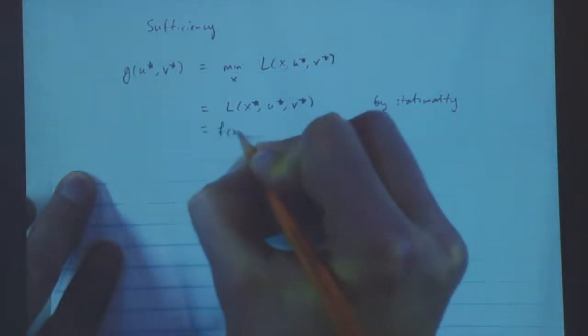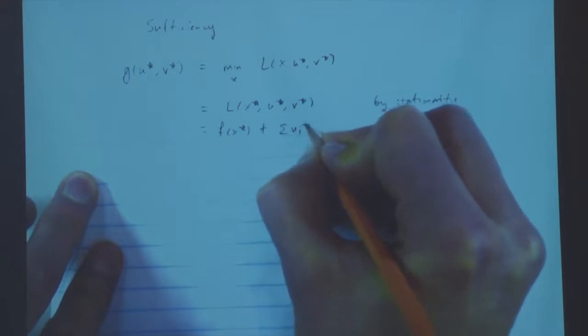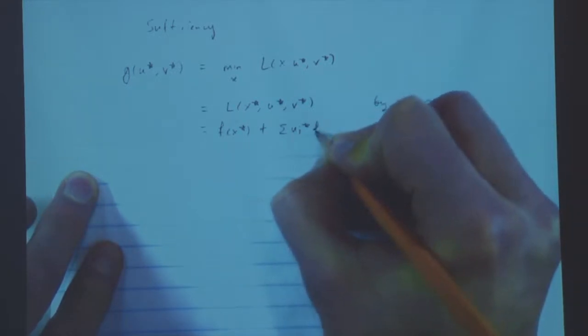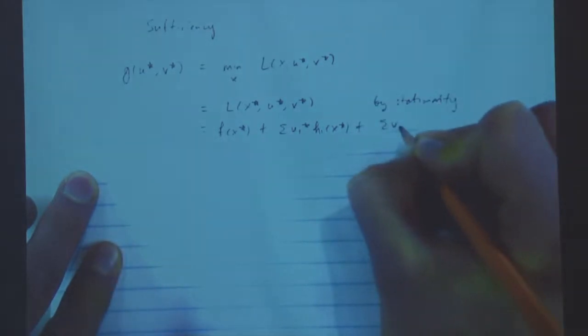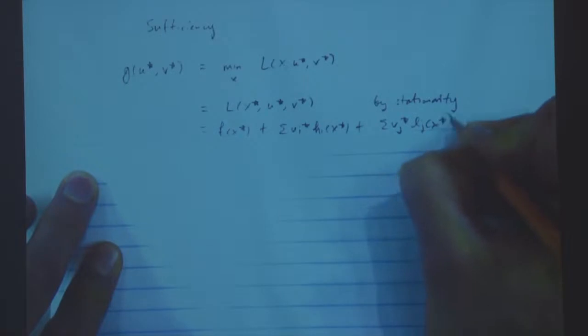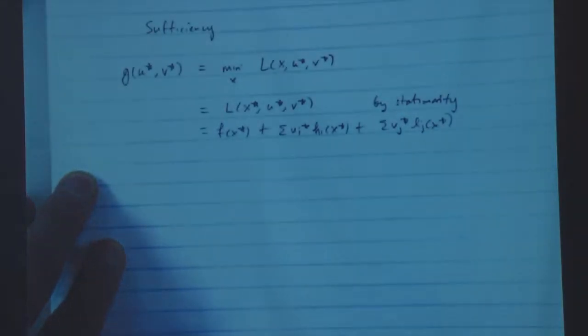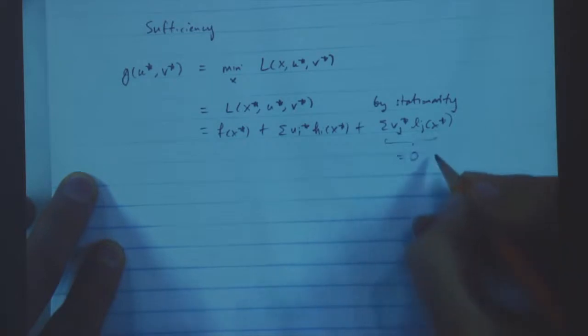Let's just write out what this is. By primal feasibility, this is equal to 0.